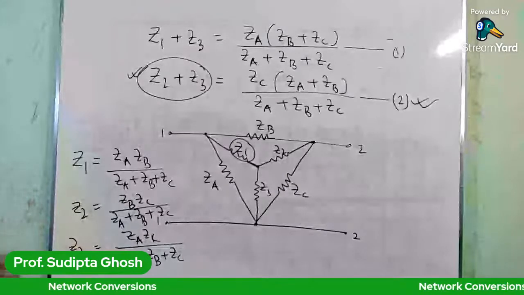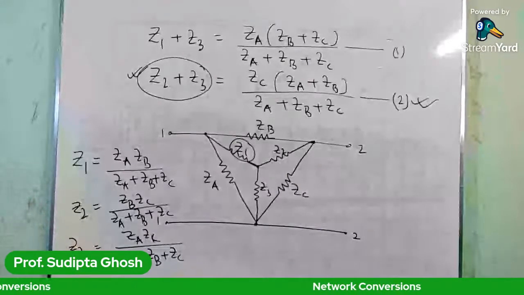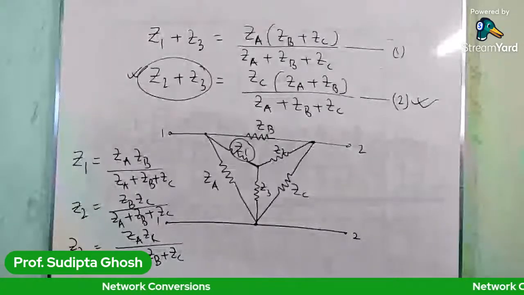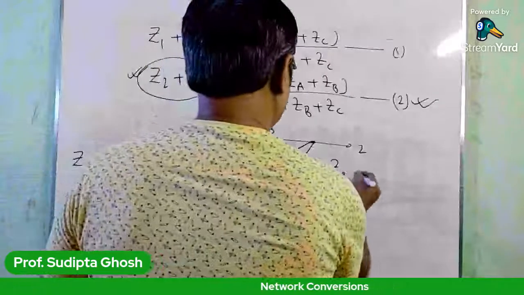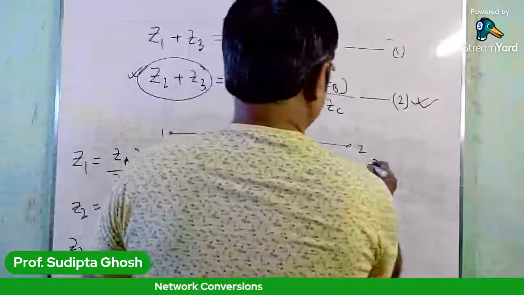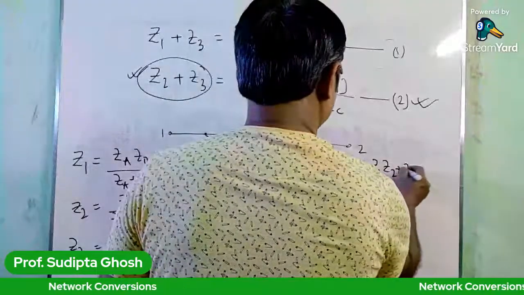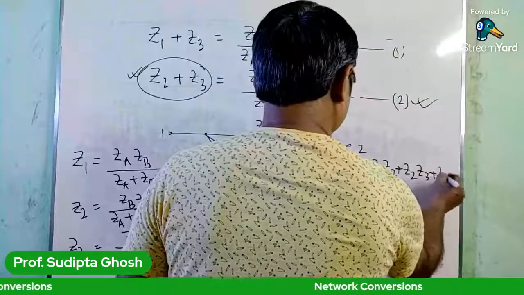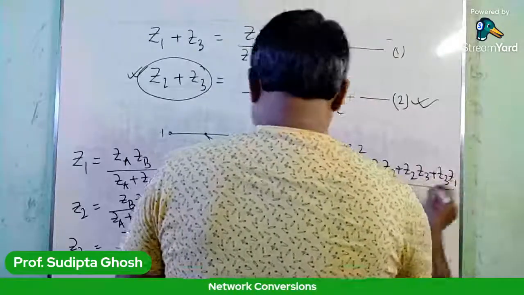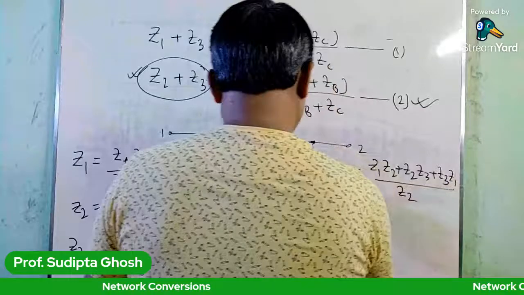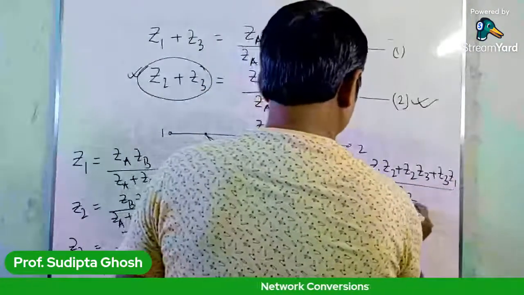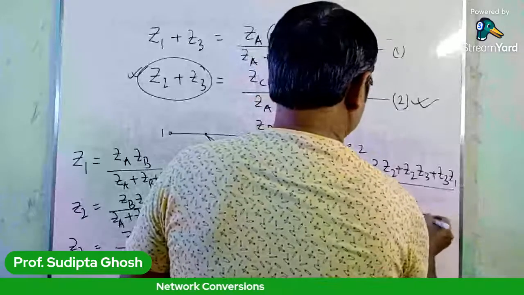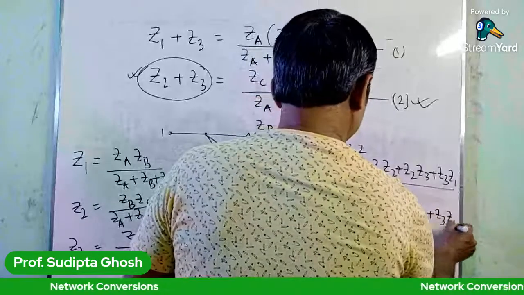Okay, so now let's move on to how to remember how to find out the values of the pi section. For this, again I am writing the different values of the pi section. ZA is Z1 Z2 plus Z2 Z3 plus Z3 Z1, and here the simple part is that you can see the numerator parts of these three equations are the same.